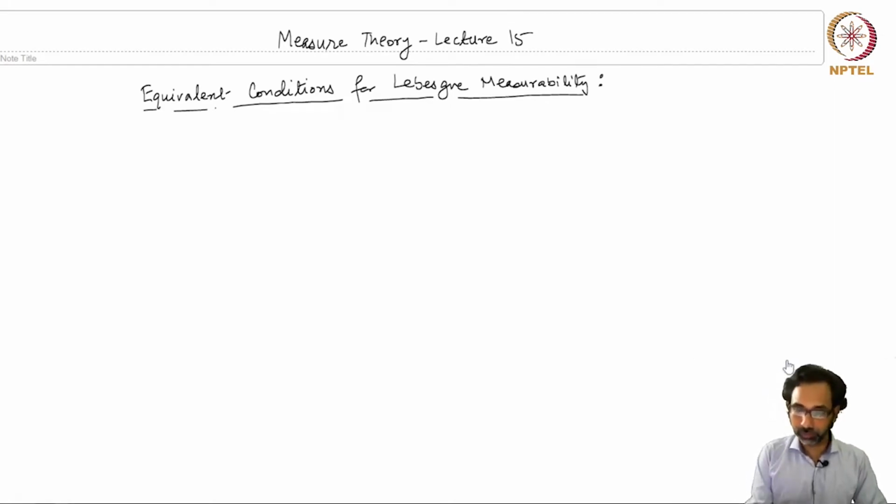So I'll state this as a theorem. Let E be an arbitrary subset of R^d. Then the following are equivalent.